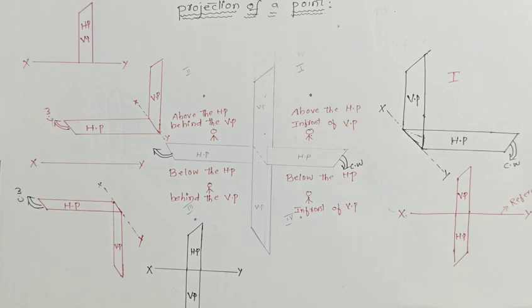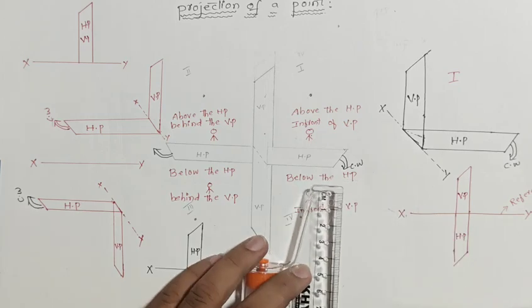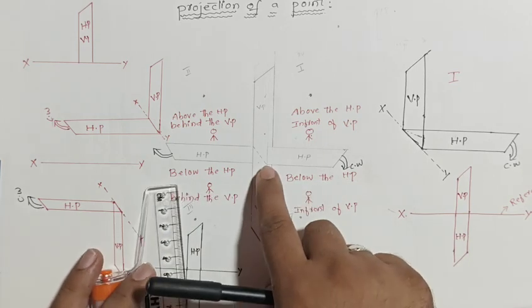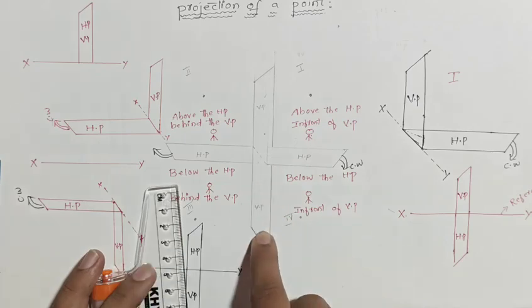What about the fourth coordinate formula? Let us see. First, draw the horizontal line and vertical line.